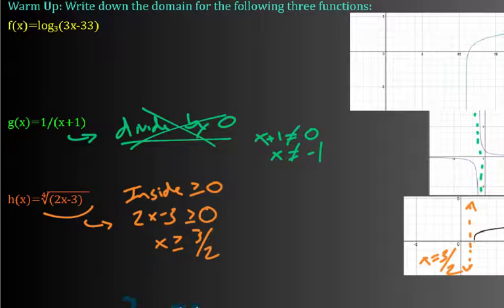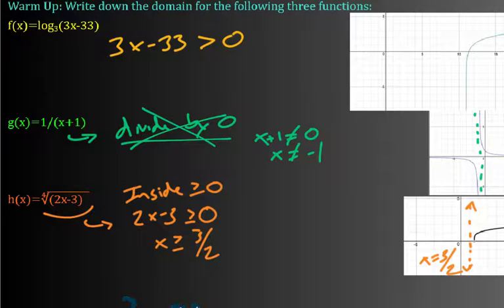And then logs we just saw recently, just last class. For these ones, it's so close to even roots, except we know that the basic log can't touch the y-axis. That means the way to find the domain is to take the inside and set it specifically greater than 0.